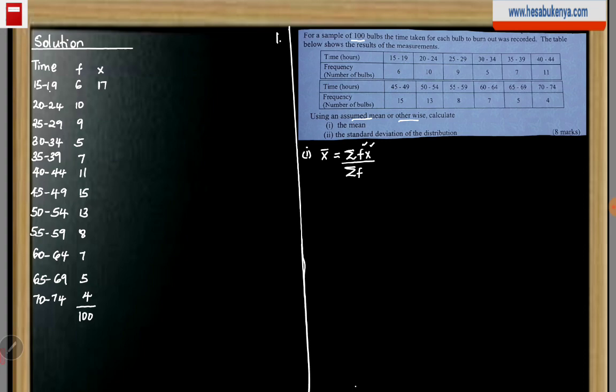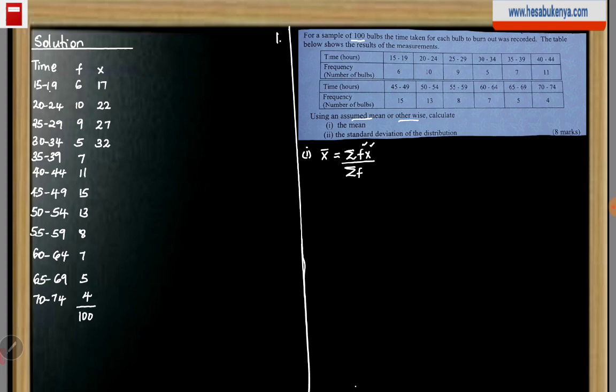Then in the next class, we take 20 plus 24, then we divide by 2 to give us 22. Then we take 25 plus 29 divided by 2 to give us 27. Then 30 plus 34 divided by 2 to give us 32.